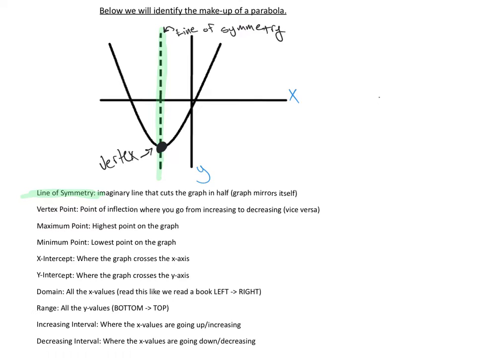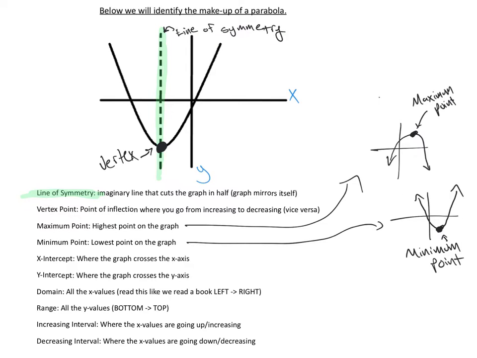The next piece of the graph of a quadratic that we want to look at is the maximum point. The maximum point is going to be the highest point on the graph. So this is going to be when your quadratics are upside down, so not a U, but more like a hill or a mountain. So we'll draw a picture here.